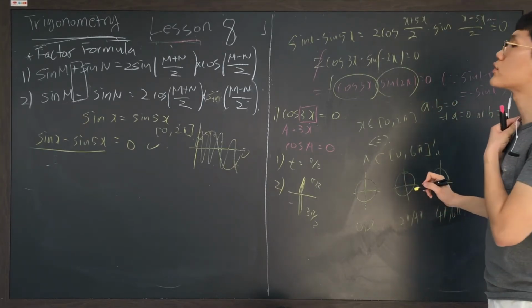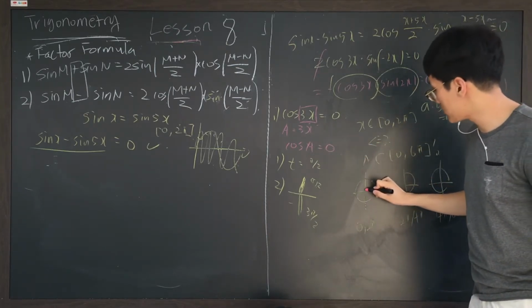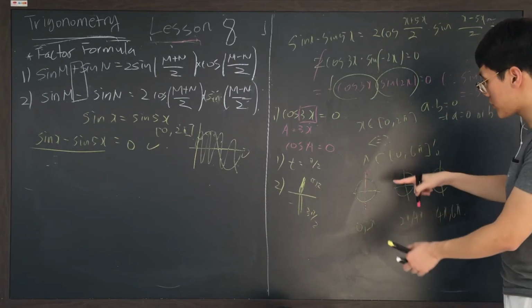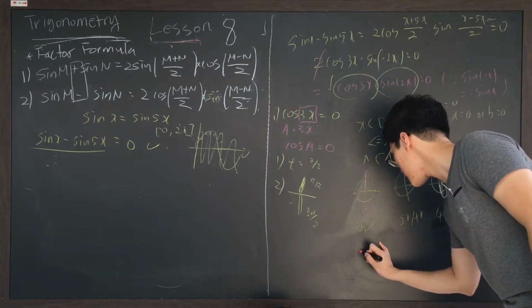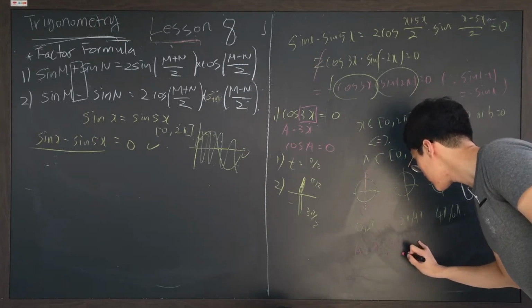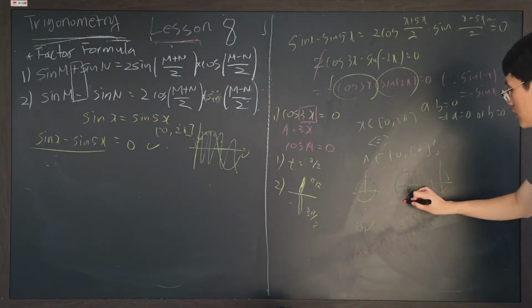And here, what do we have? For cosine to be 0, either this or here, pi over 2 or 3 pi over 2, and then they rotate by 2 pi. So if I have A to be pi over 2, 3 pi over 2, then I can just add 2 pi to derive the next different solutions.